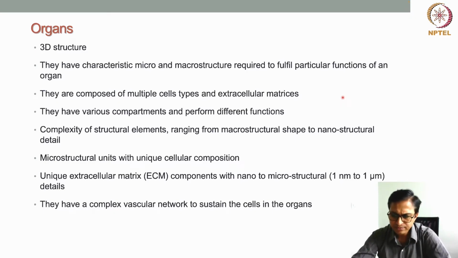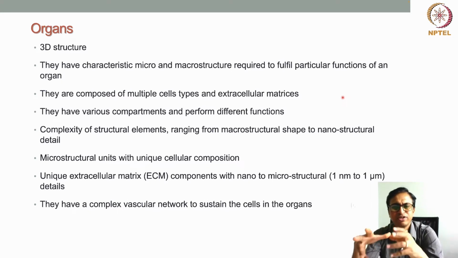Like the heart is a four-chamber organ where it receives the blood and then pumps the blood to the whole body, right? So that's why the heart has a typical structure. Similarly, the liver has a typical macro structure, and if you see the microstructure of the liver, it is composed of hexagonal units called lobules, and millions of these lobules are connected to each other.